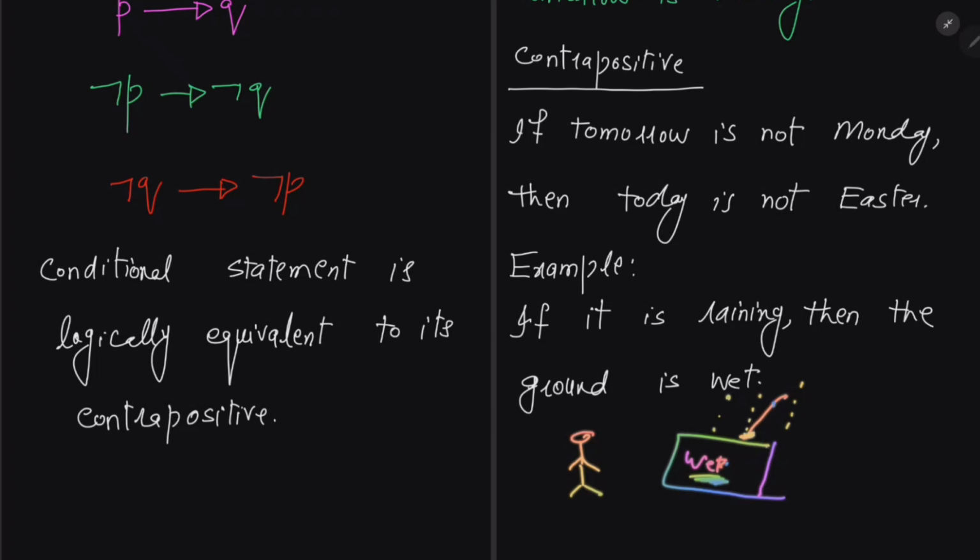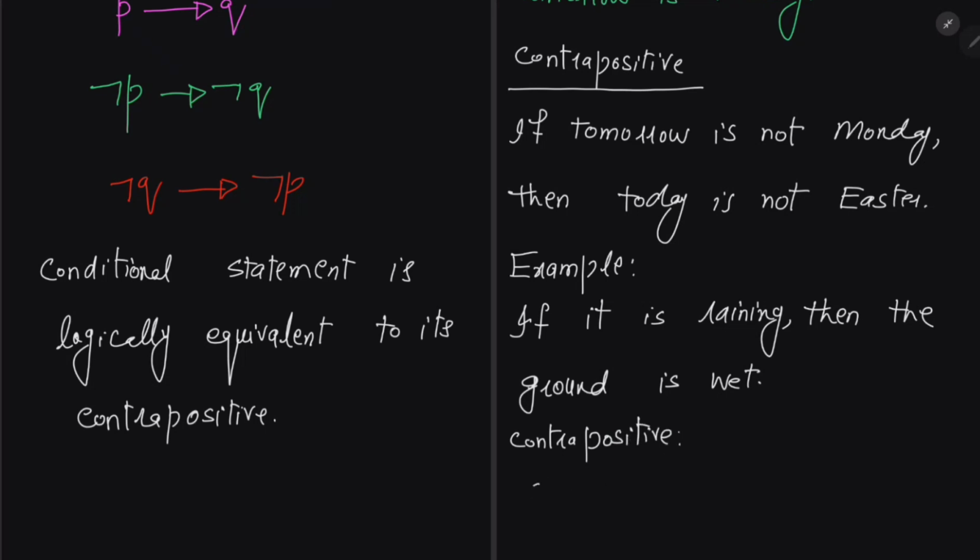Now, what will be the contrapositive of this conditional statement? The contrapositive will be: if the ground is not wet, then for sure it is not raining.